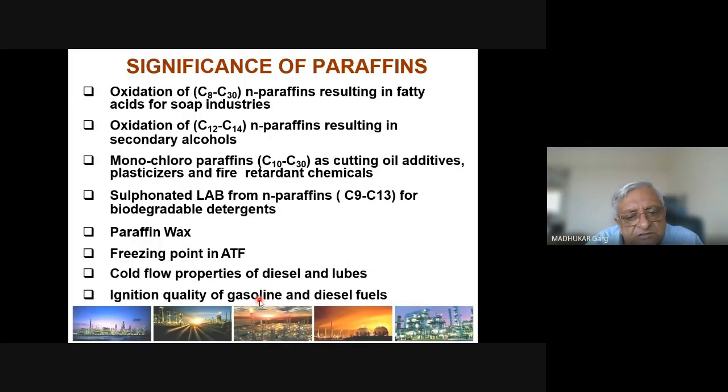So the way you ignite these fuels in a closed chamber, in a cylinder, is different. Gasoline is spark ignited, while diesel is pressure ignited.